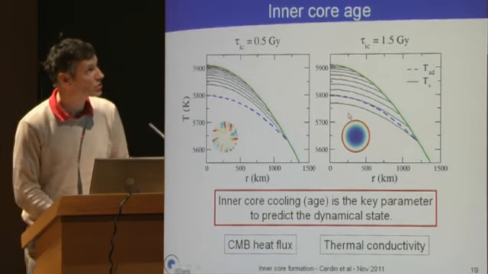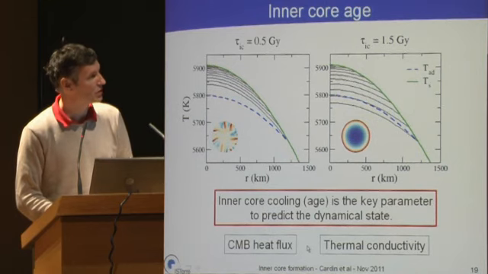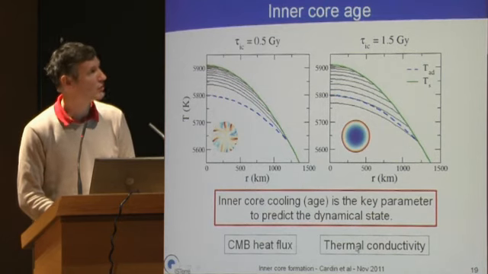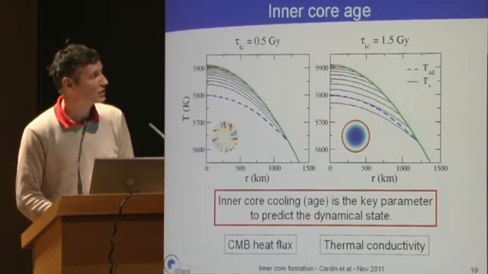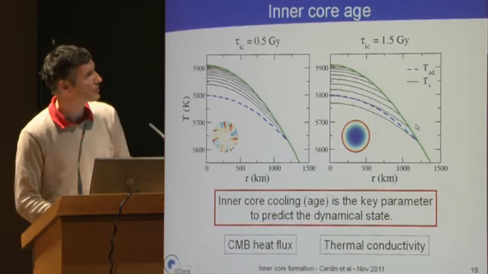And the age of the inner core is really dependent on two parameters: the thermal conductivity of iron, which is the key parameter for the history of the inner core, and the heat flux at the CMB, which controls the heat extracted from the core.